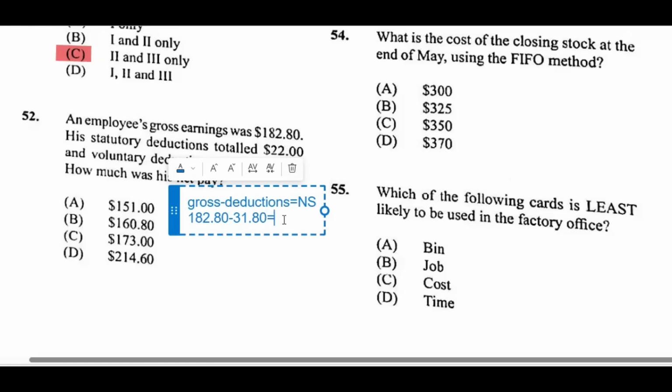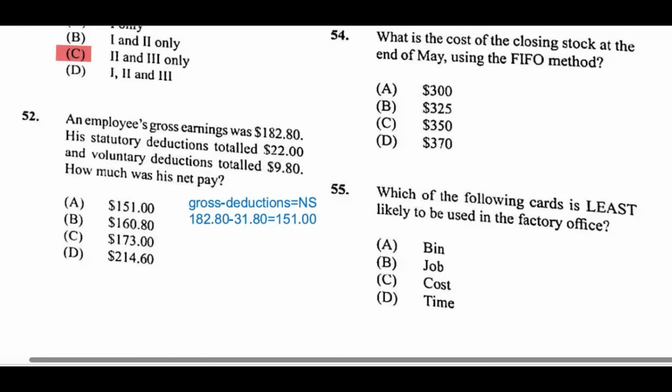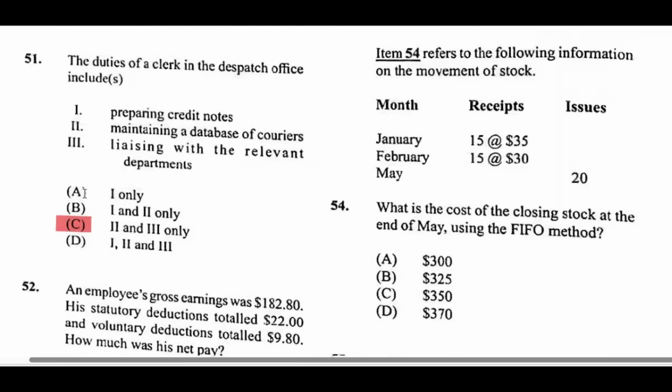So you have $182.80 minus $31.80, you will get $151. So the answer will be A. All right, the answer is A. 52A. Let's go to 53.